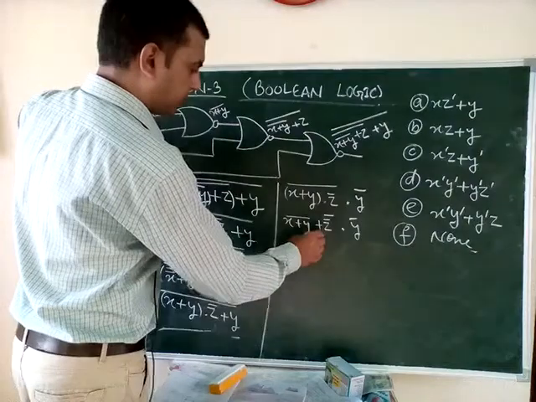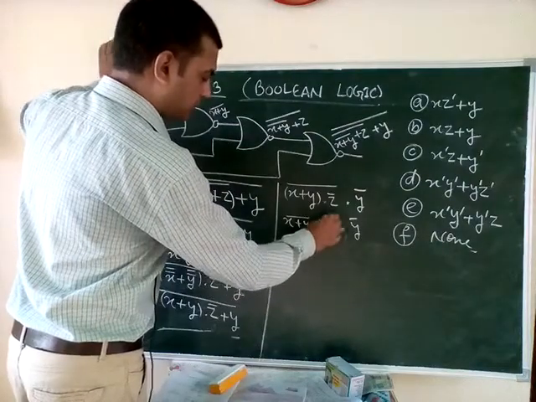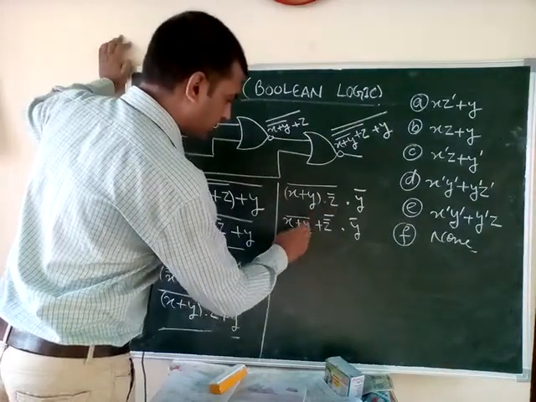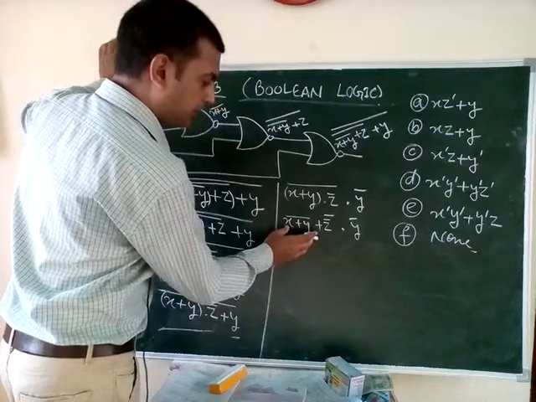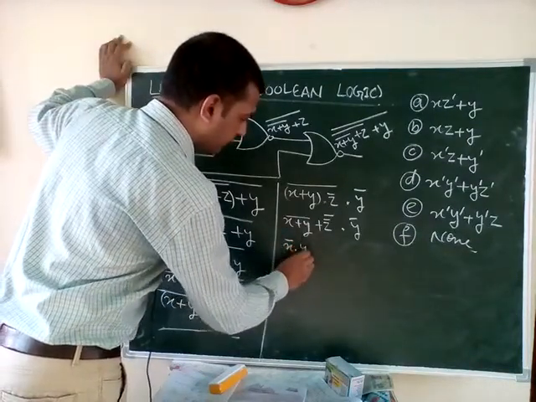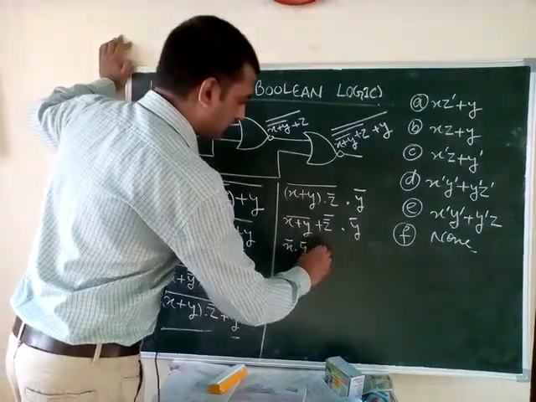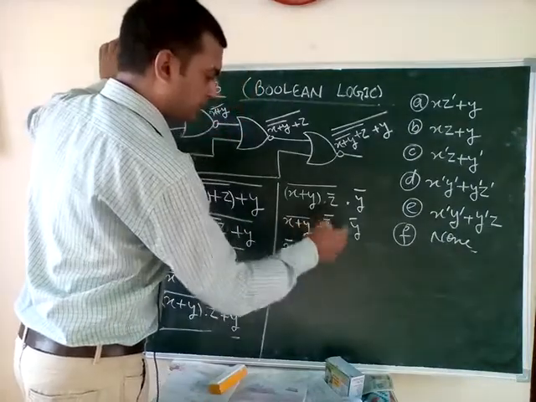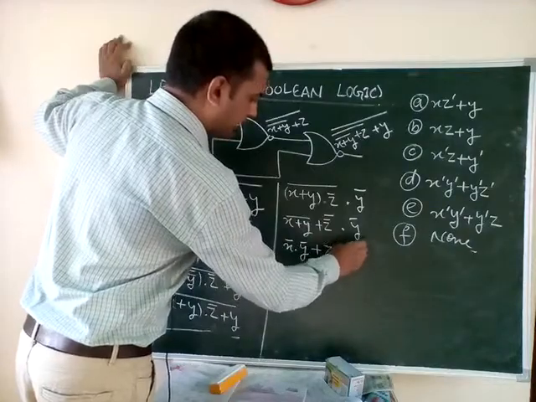In this you can see the 2 bars will be removed. Here also you can apply De Morgan's theorem. So x bar into y bar plus z, 2 bars will be removed, dot y bar.